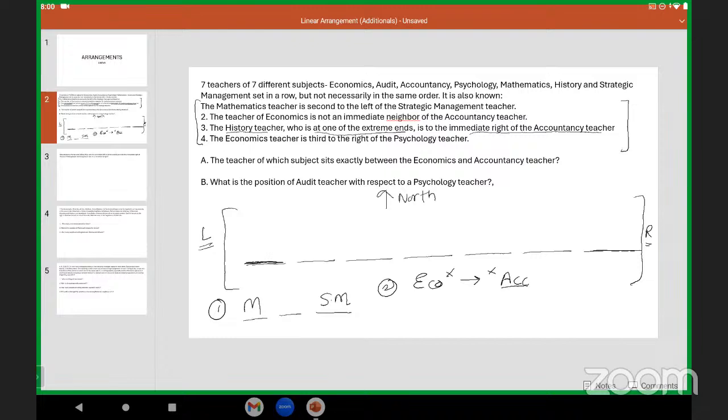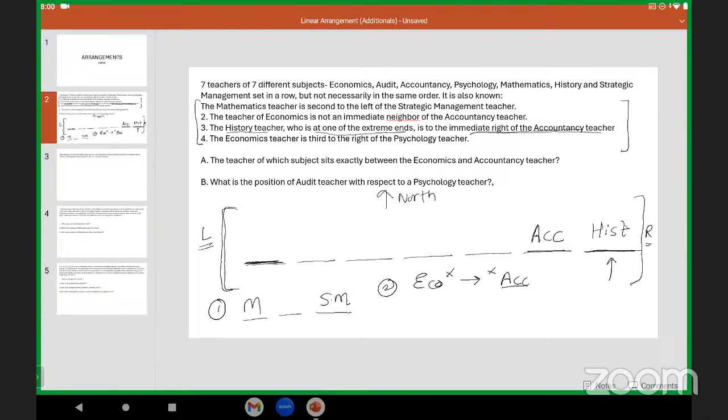Being on the immediate right as well as on the extreme end, only this position is possible. So this will be history, and this will be accountancy. Because on the left extreme end, history is not possible, as it has to be on the right hand side of accountancy. So this is history, this is accountancy.